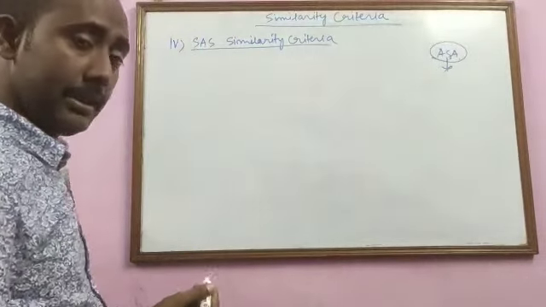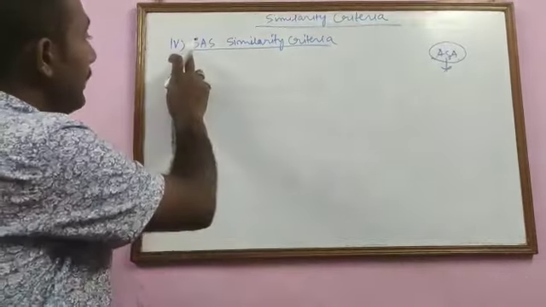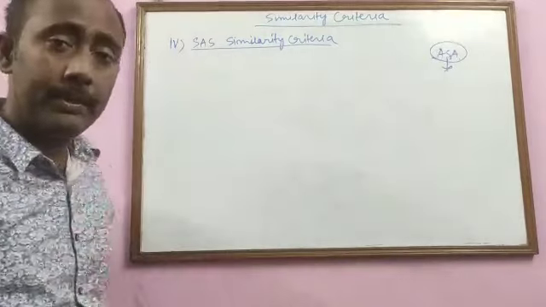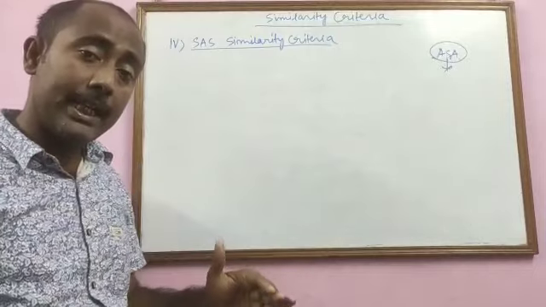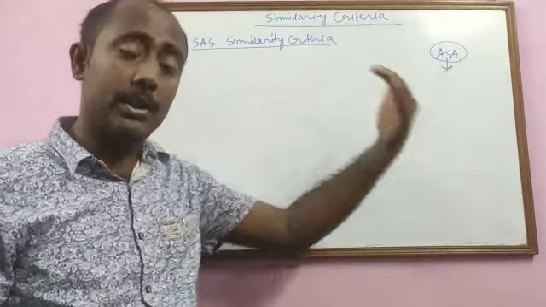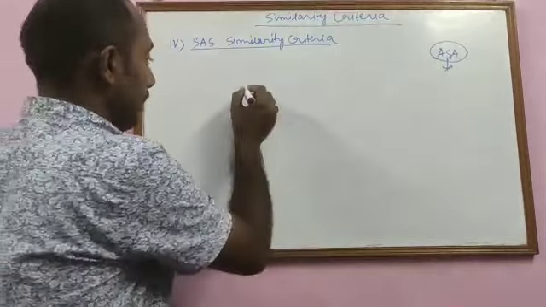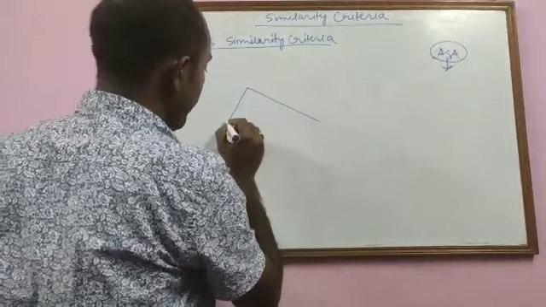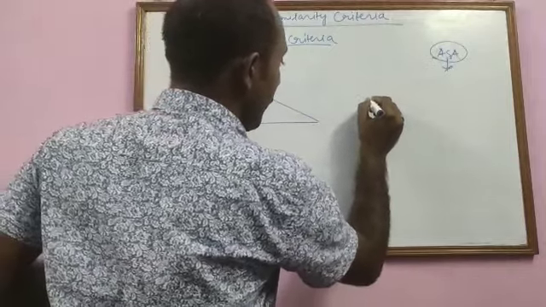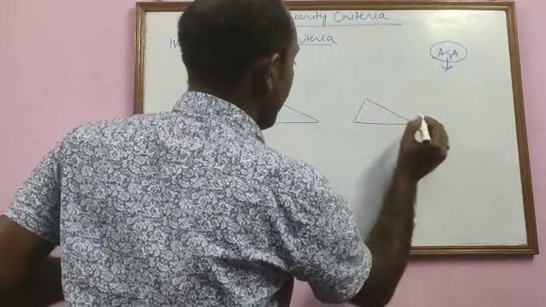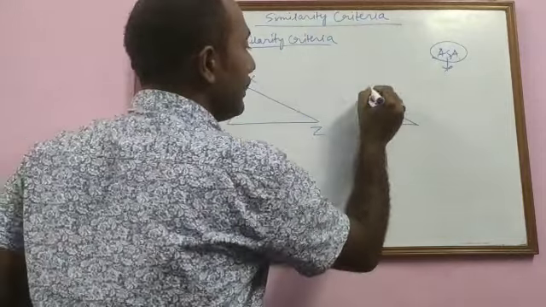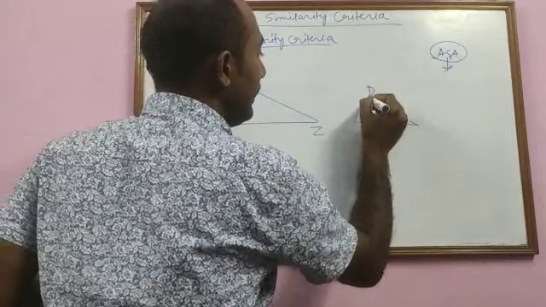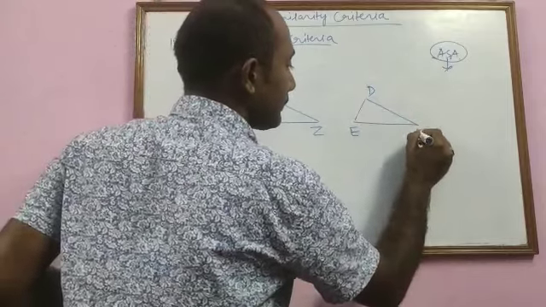Now what is this all about? So here we can see 2S and the angle is in between. This states that if two sides of one triangle are correspondingly proportional to the two sides of the other, take triangles XYZ and DEF.